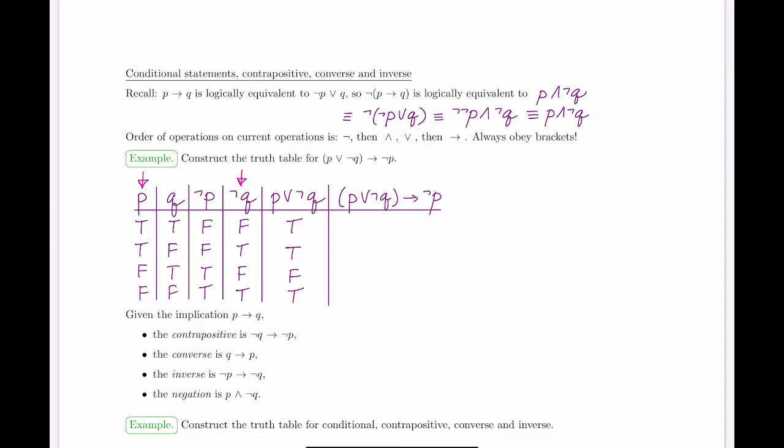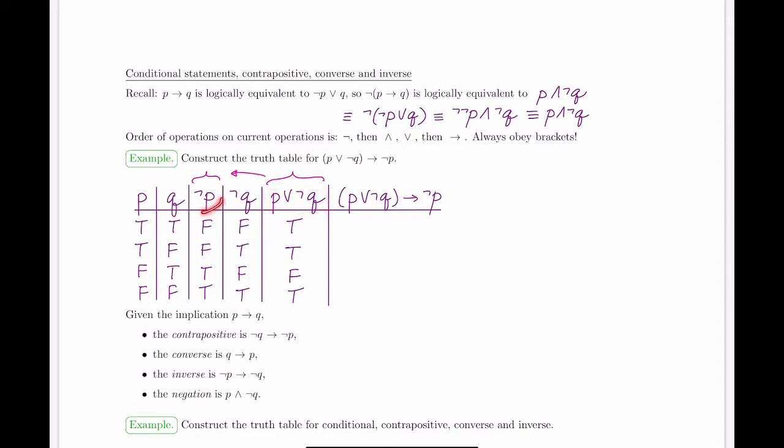And now for my final column, I have that my previous column implies not P. So here I have to be really careful about following the actual order of the implication. I am looking for this column to imply this column, so I have to read it in the correct order so that I am not doing the implication somehow backwards.